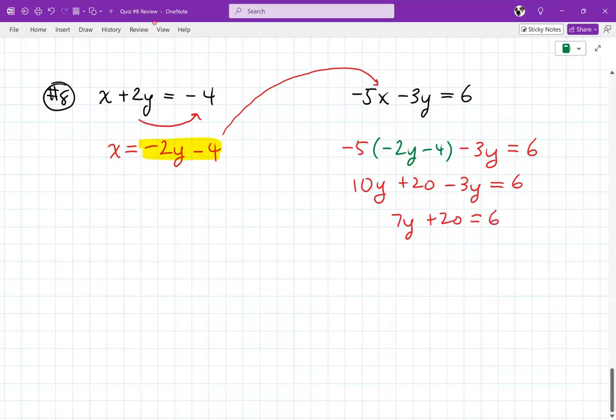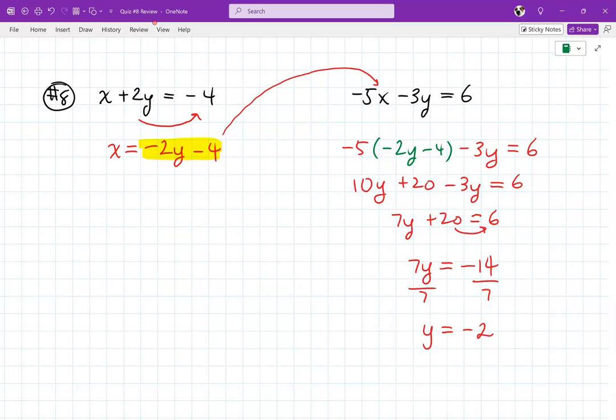And then I'm going to subtract 20 on both sides. So 7y is equal to negative 14. Now I divide both sides by 7, which is going to give me an answer of y equal to negative 2. So there's one of my answers. Now I plug it back into the original equation, right?